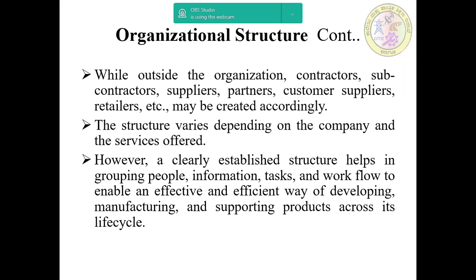This organization structure varies depending upon the company and services offered. However, a clearly established structure helps group people, information, tasks, and workflow to enable an effective and efficient way of developing, manufacturing, and supporting products across its life cycle.